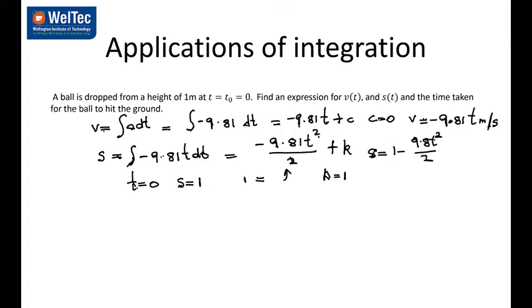So 0 equals 1 minus 9.8 t squared over 2. If we solve that, we get that t is equal to 0.452 seconds. So that's how long it takes for the ball to hit the ground.